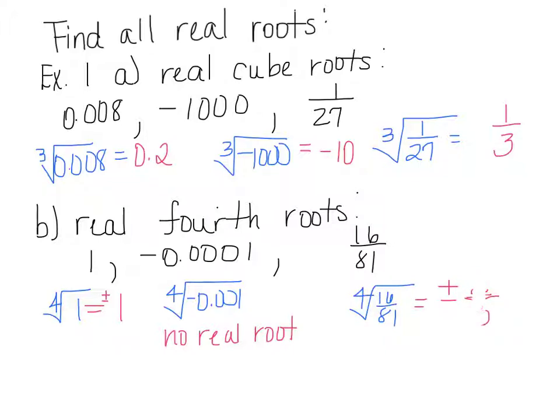Because 2 to the 4th power is 16, and 3 to the 4th power is 81. So remember, it says find all the real roots. Odd roots have one answer. Evens have 2.